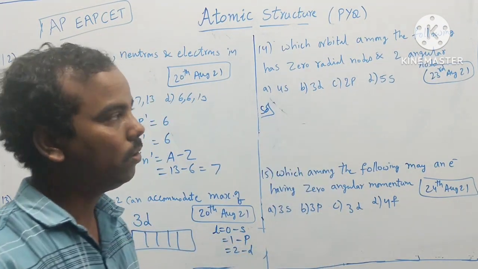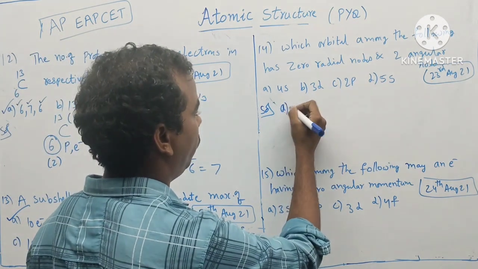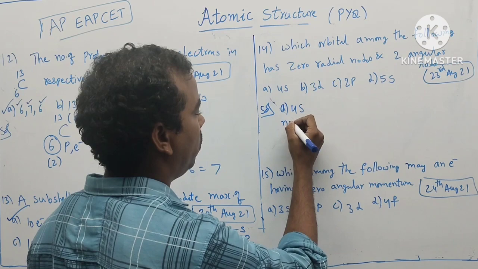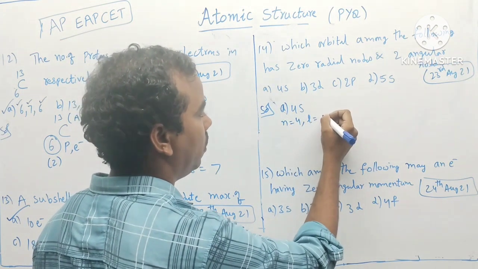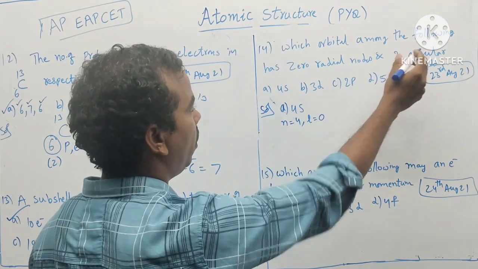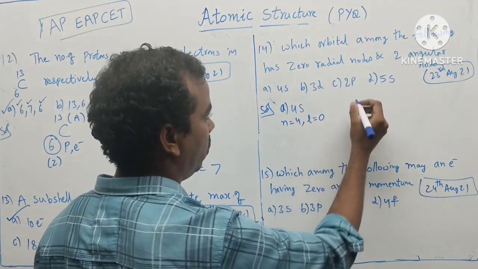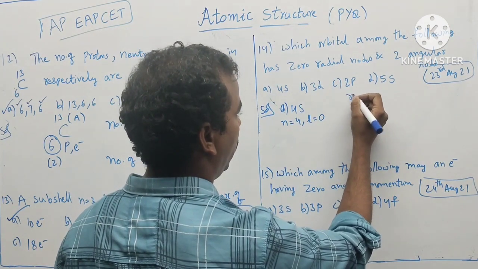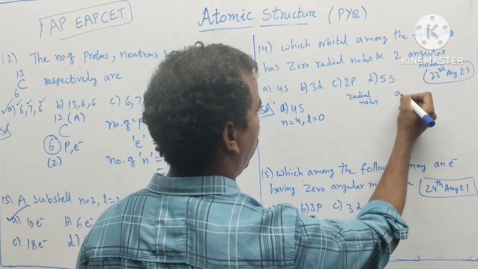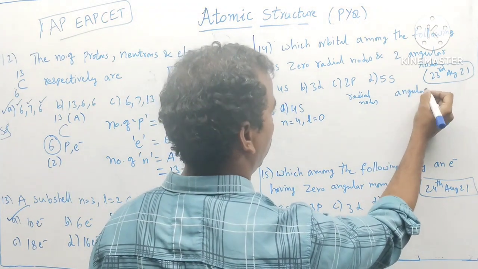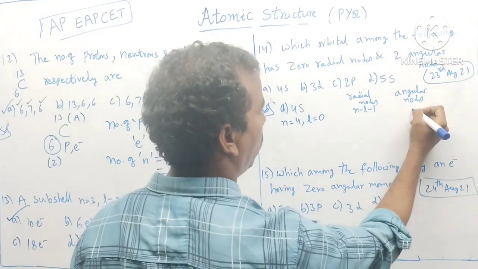Again the question is about angular nodes and radial nodes. So for 4s, n is equal to 4, l is equal to 0 for s. The radial nodes formula is n minus l minus 1, and angular nodes is l.